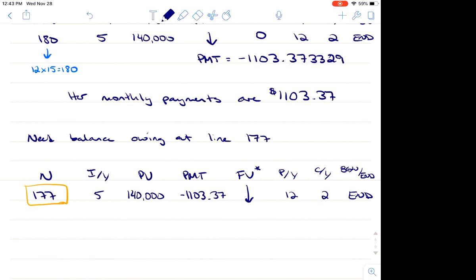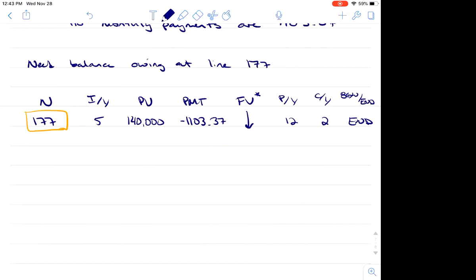Great. Compute future value. The total owing after 177 payments, so the future value, is negative 3,283.870268.